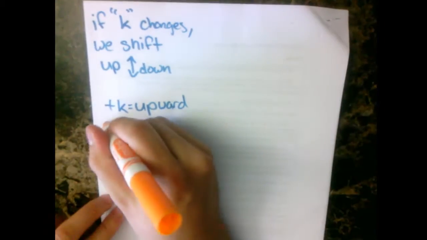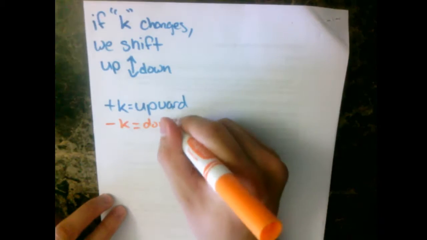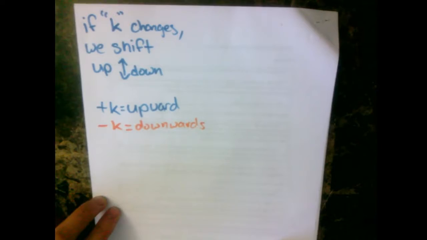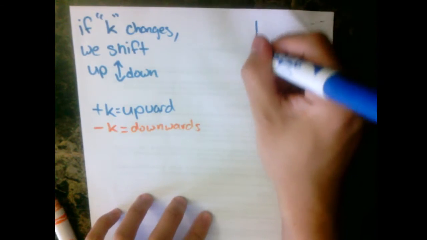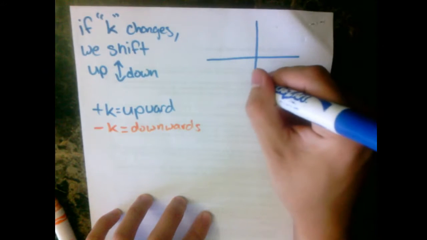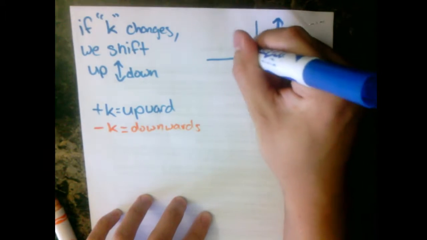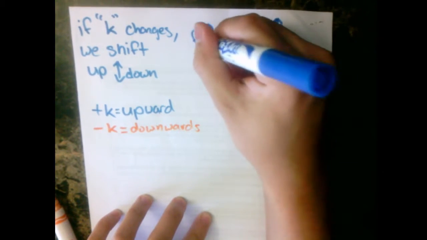Positive k is upwards, a negative k is downwards. And we're going to go ahead and graph this. Let's go ahead and get our basic x squared graph. Here's our parent function, f of x equals x squared.